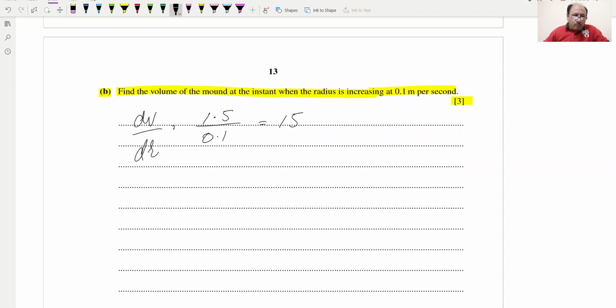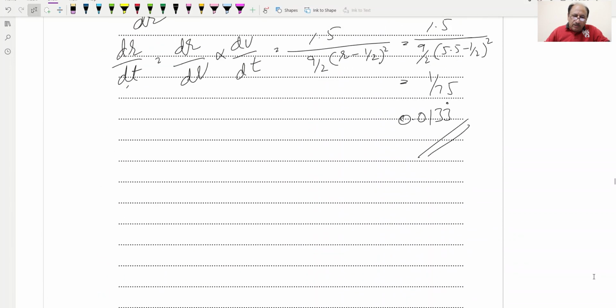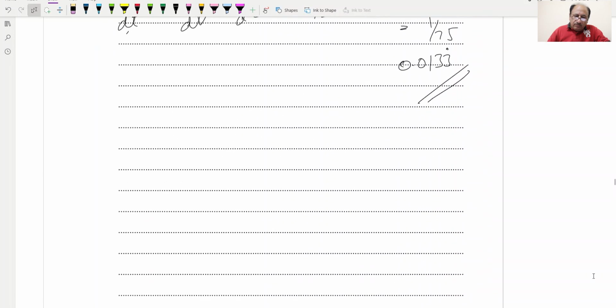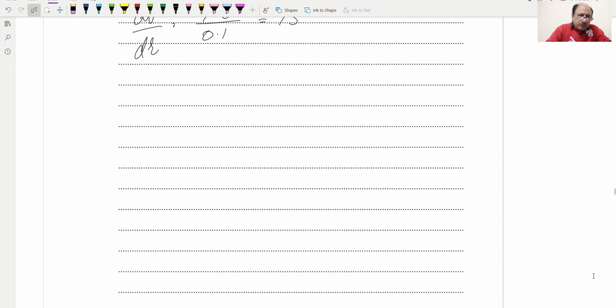Now, dV over dr, which is this one, we can use this dV over dr value, 9 by 2 r minus 1 by 2 squared. So we can write 9 by 2 r minus 1 by 2 squared is equal to 15.